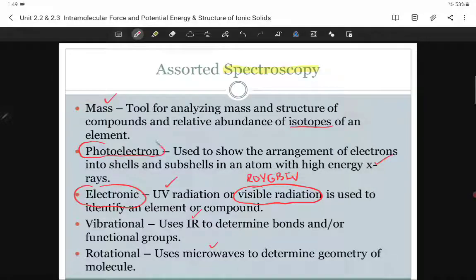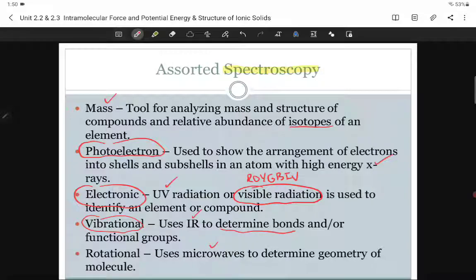We already did PES. That's where you can look at how much energy is associated with losing electrons from different shells and subshells. We haven't talked about vibrational yet, but we can use that to determine the type of bonds, the distance of the atoms between the bonds.